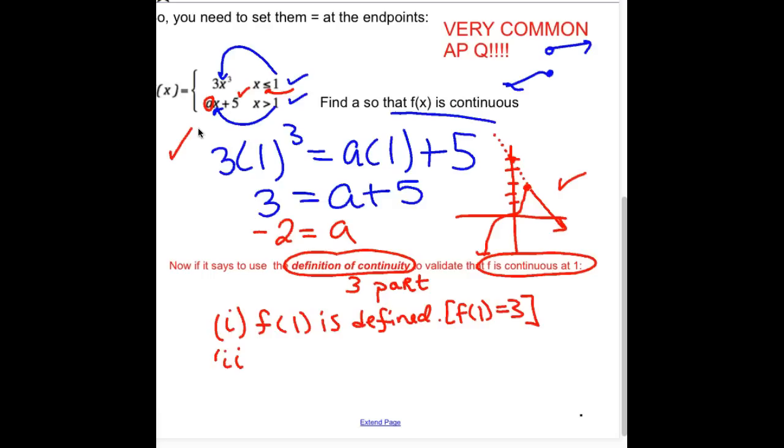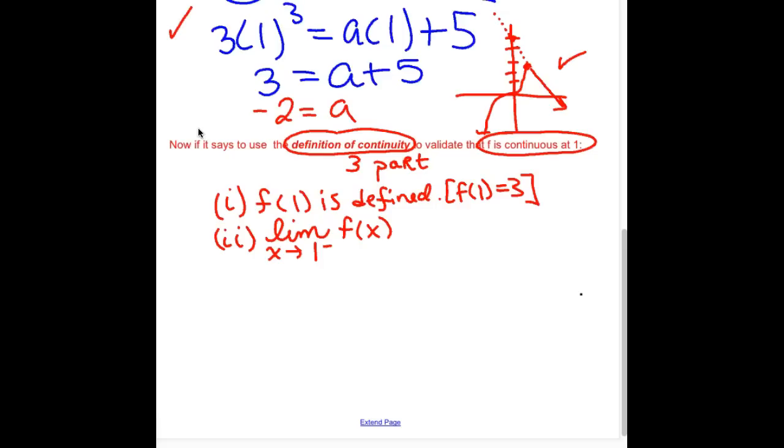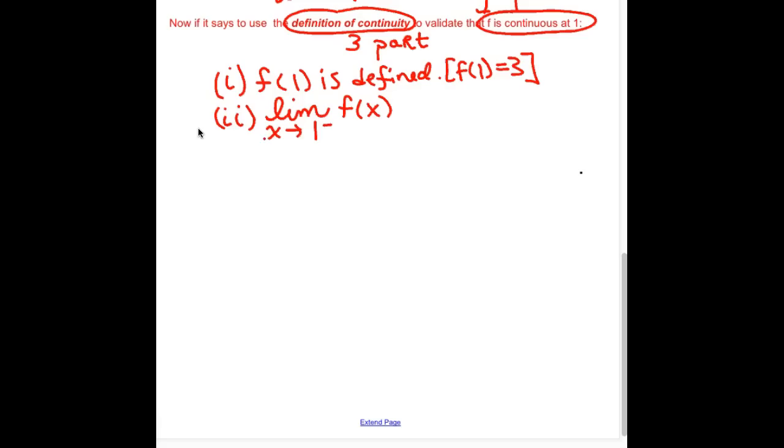The next reason why it's continuous is because the limit as x approaches 1 from the left of f of x, which I just said is 3, is equal to the limit as x approaches 1 from the right of f of x.